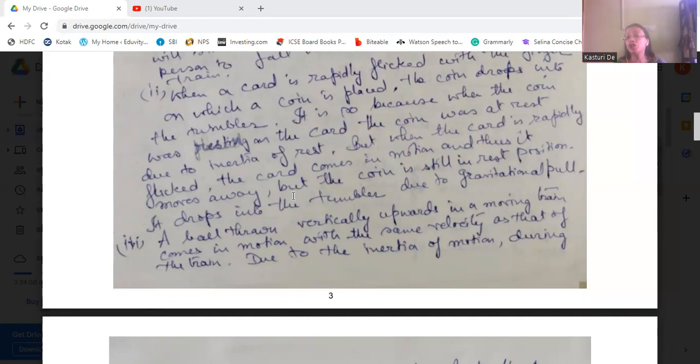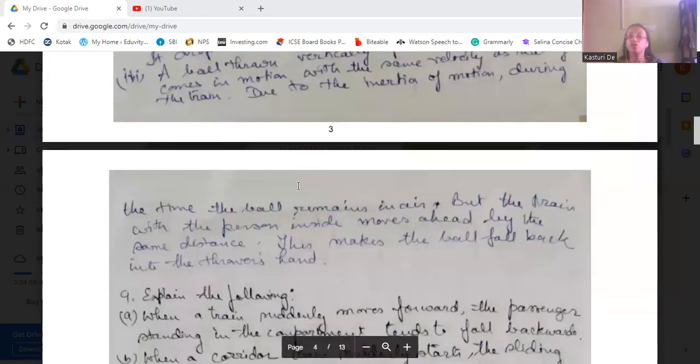Now, due to the inertia of motion, what happens during the time the ball remains in air? The train with the person inside moves ahead by the same distance. The ball remains in the air, but it is in the state of motion because the air is also moving.